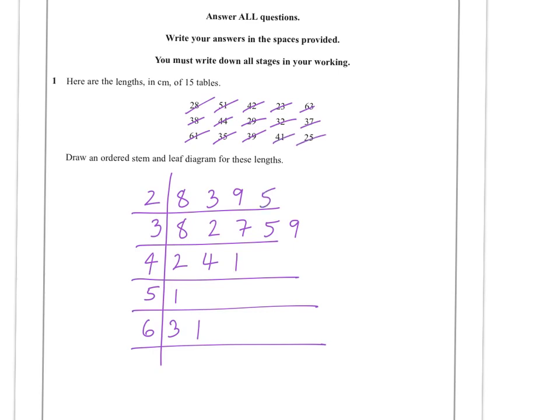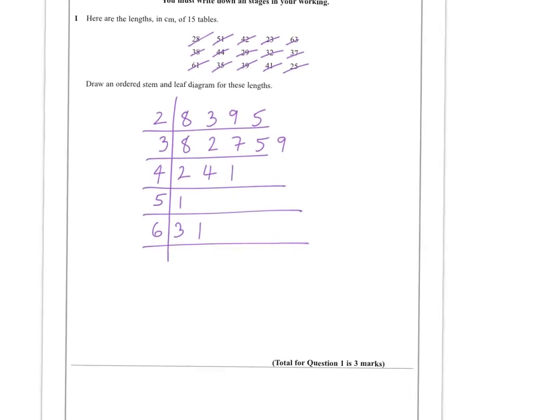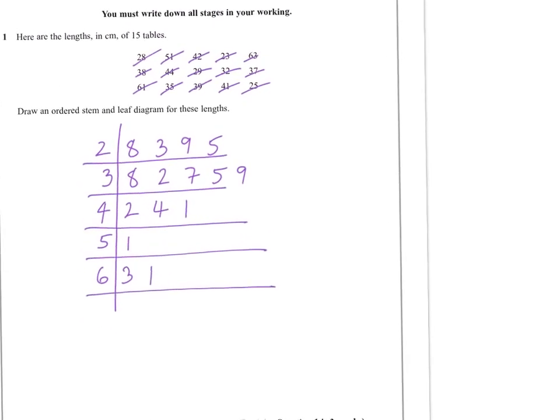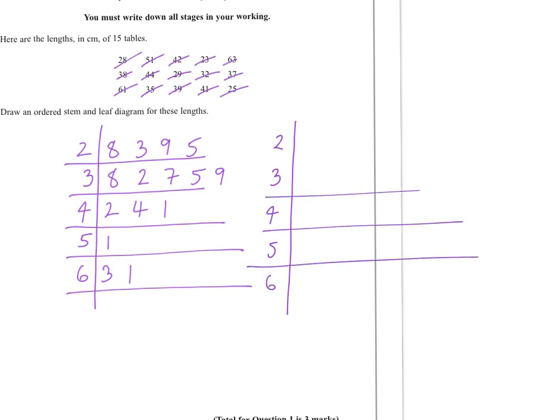Okay, and then what you can do is you can do that in small, it's up to you, and then I just basically do it again, so you can have your stems the same. And then you just got to put it in ordered.